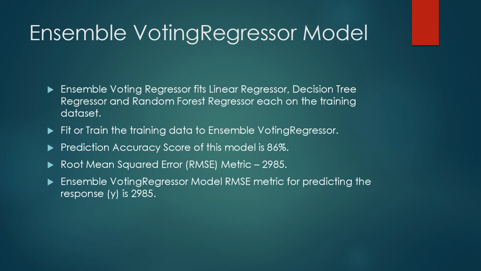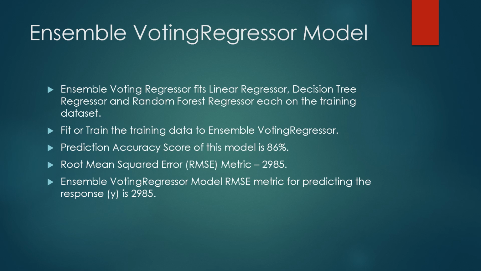For this project, the ensemble voting regressor essentially fits the linear regressor, decision tree regressor, and random forest regressor, the three previously constructed regression models, each on the training data set. It then averages the individual predictions to form a final prediction.